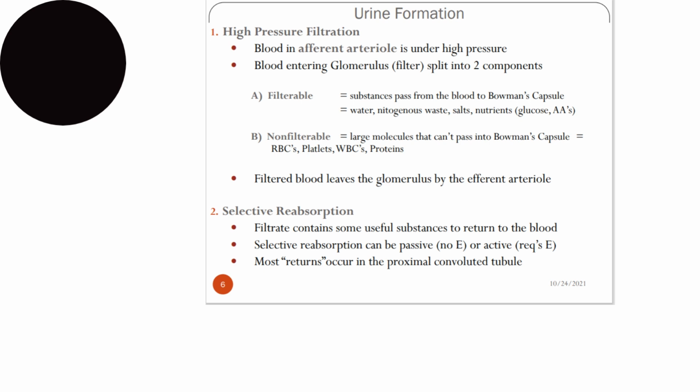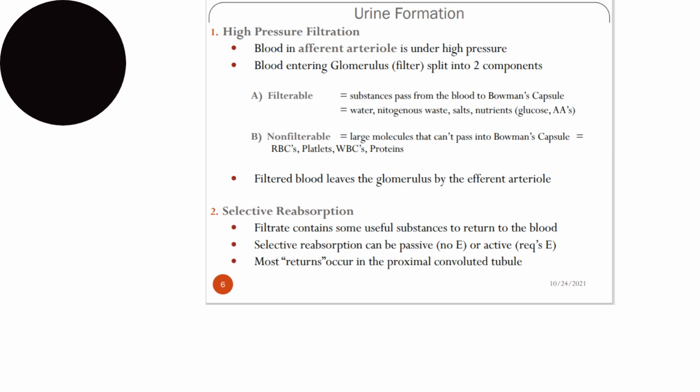Okay, now for number 2, selective reabsorption, walaupun ada certain component telah keluar daripada blood circulation tadi, di mana dia memasuki nephron, akan berlaku serapan balik lah. Okay, reabsorption. Selective reabsorption can be passive or active. Passive means no energy.